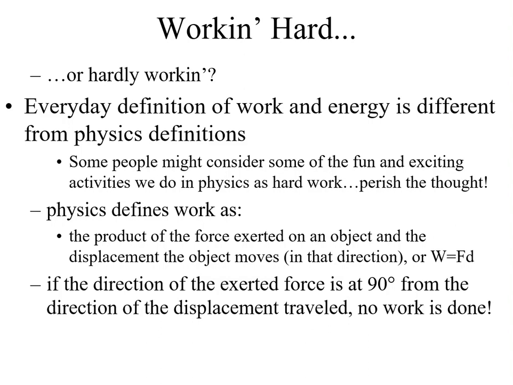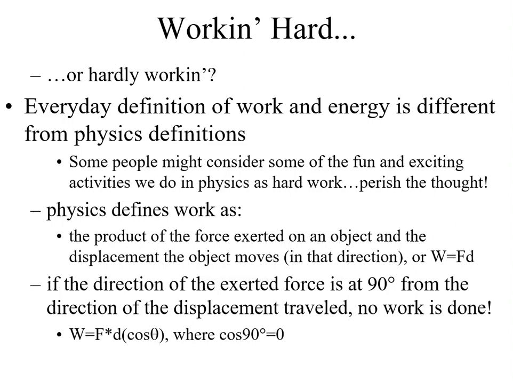To keep all this in mind, we're going to add to the equation a little bit. Work is force times displacement times cosine theta. Because you know that cosine of 90 degrees is 0. So if I do a huge amount of force with a huge amount of displacement, but they're perpendicular to each other, in other words 90 degrees, I didn't do any work.